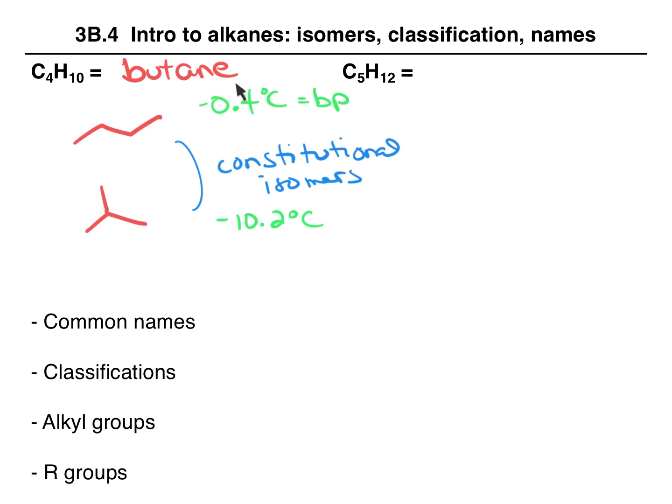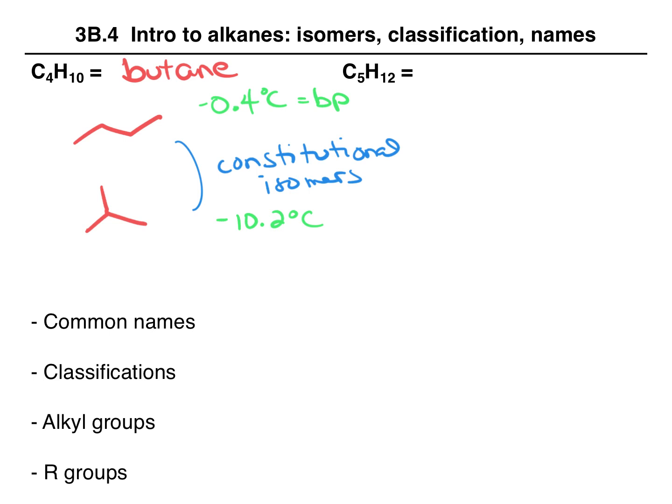So definitely different compounds with different properties. The name butane isn't sufficient to distinguish the compounds. With methane and ethane and propane, there was only one way that those atoms could be connected together, so the name methane or ethane or propane corresponds to only one compound.